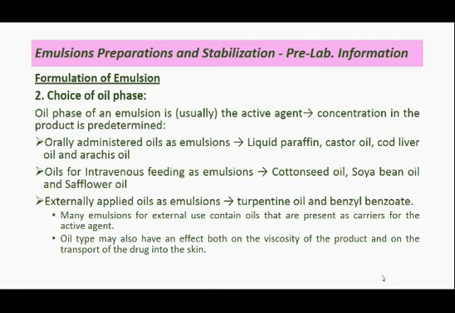Cottonseed oil, soybean oil, and safflower oil are used for their high calorific value in emulsions for intravenous feeding. And examples of externally applied oils that are formulated as emulsions include turpentine oil and benzyl benzoate.